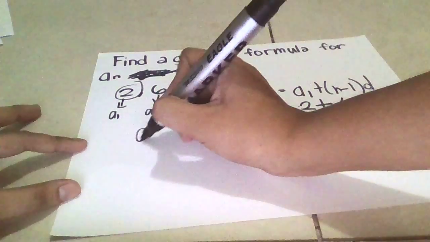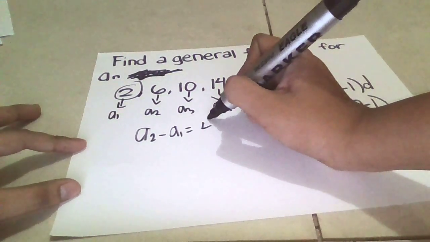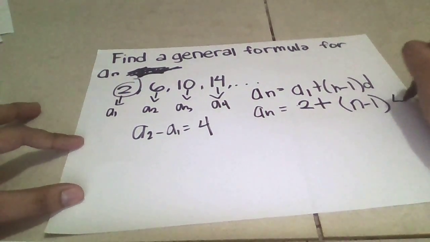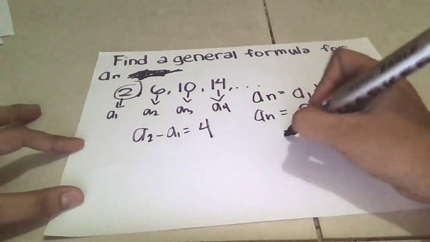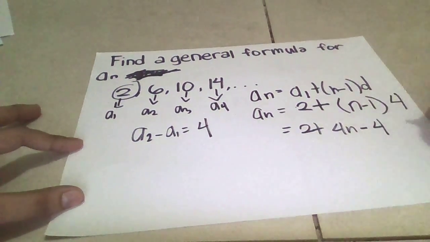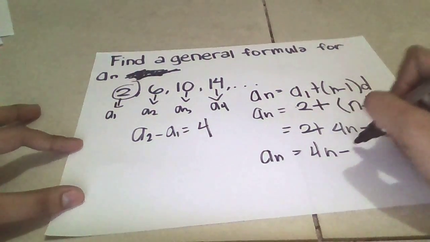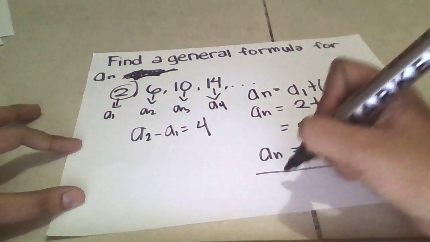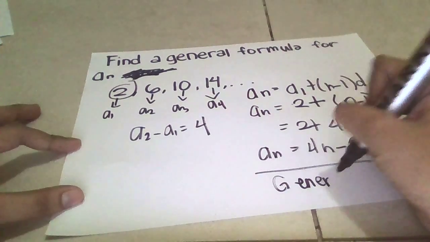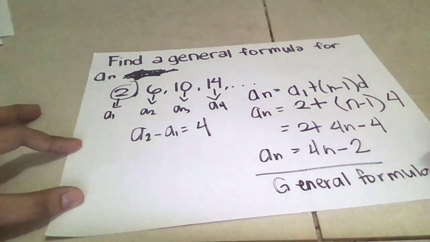Your d is a sub 2 minus a sub 1, which is equal to 4. So 2 plus 4n minus 4. So a sub n is 4n minus 2. And this is your general formula for this sequence.